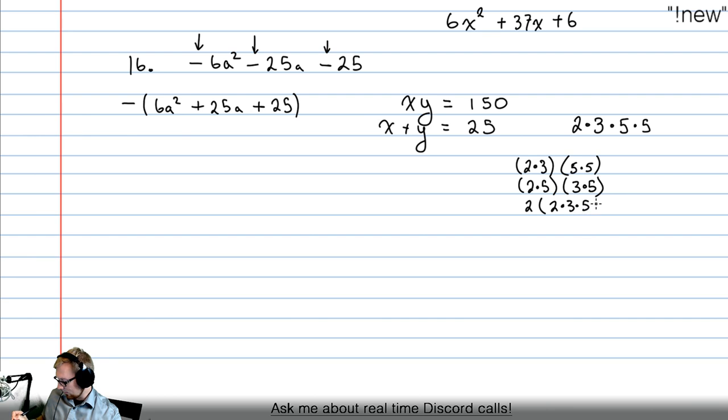Your next set of parentheses will be 3 parentheses 2 times 2 times 5. There's only one 2, right? So you took out a 3, so it's 5. 2 times 5 times 5. Next one is 5, right? And then 5 times.